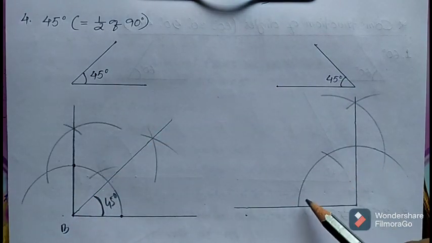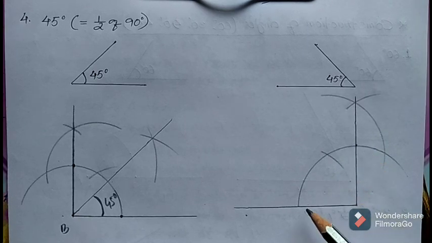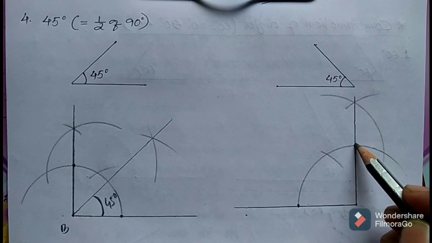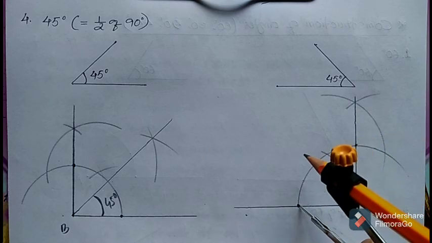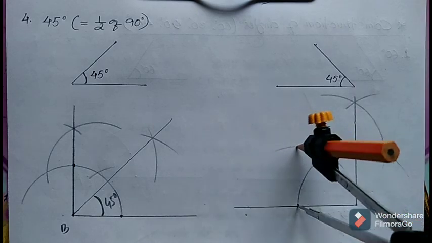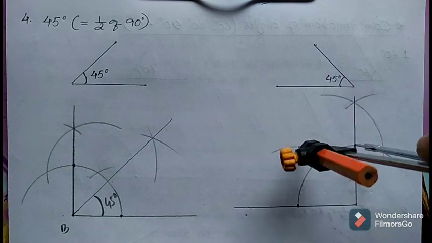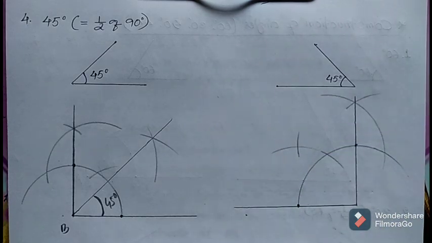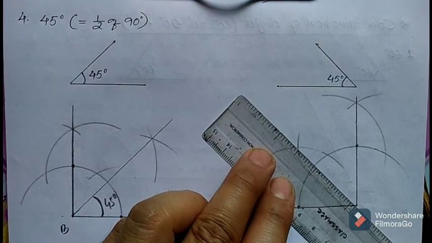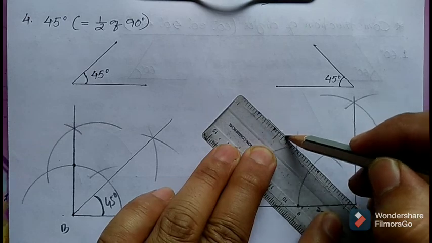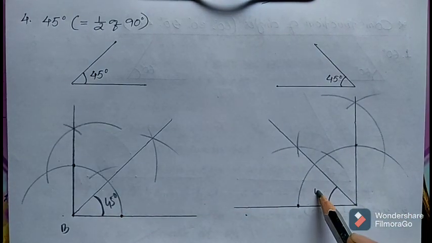And you can see there is one arc. The first arc touches the two arms at 2 points. So mark them. These are the 2 points to be taken as centers now for the last two arcs. So taking this center, we draw an arc here. Taking this point as center, we draw another arc cutting the previous arc. And we join this intersection of the two arcs with the vertex. Then we get an angle which is 45 degree.